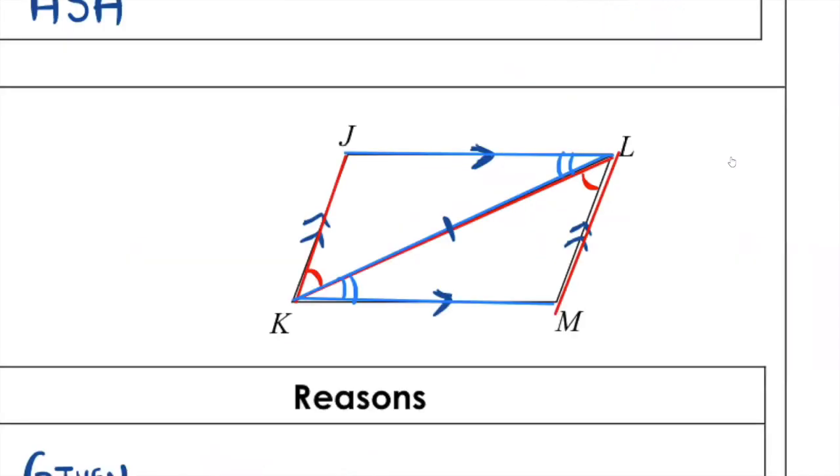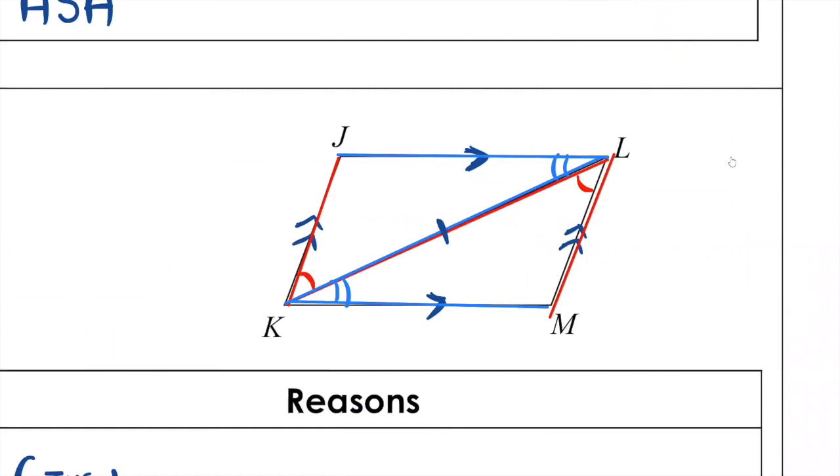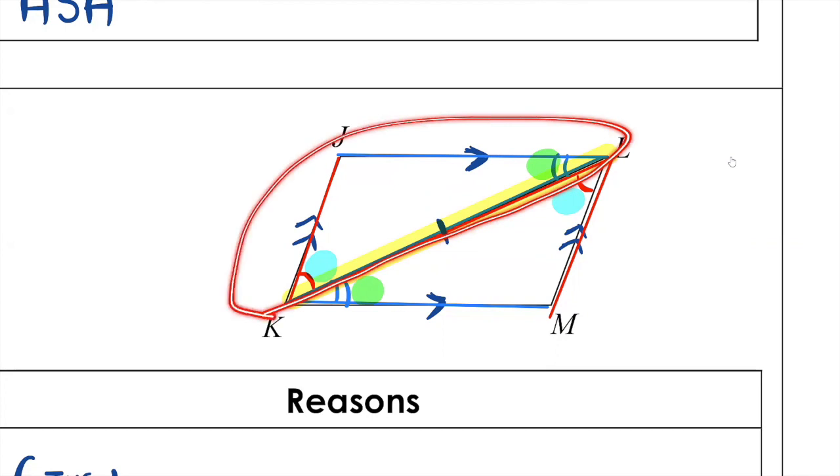So if we were to go back to our picture and highlight what we know, we've got those two red guys are congruent, these two green guys are congruent, and the line down the middle. Remember, we look at one triangle at a time. In my top triangle, is my yellow side touching both of my congruent angles?